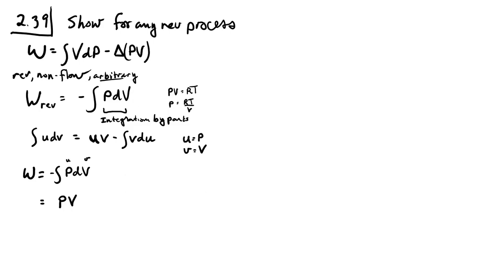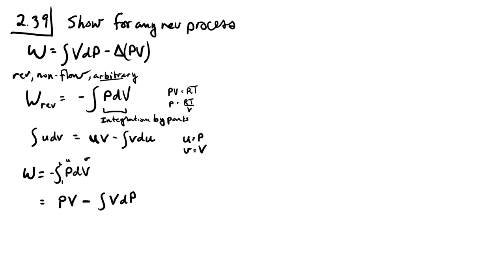So that's P times V minus the integral of V dP. And we are integrating this between state 1 and state 2.